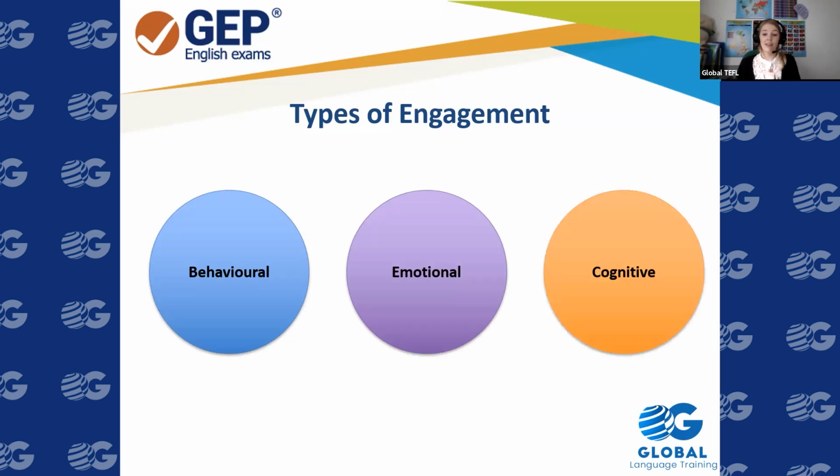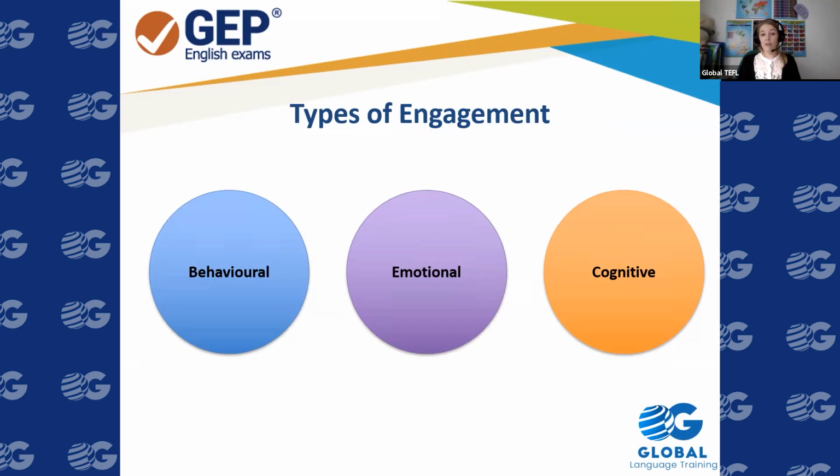And the third one is cognitive, a student's cognitive engagement in what we're doing. Like I said, these are the three main areas that we can look at to measure and analyze a student's engagement. When we're talking about behavioral engagement, we're talking about a student's participation, a student's attendance.